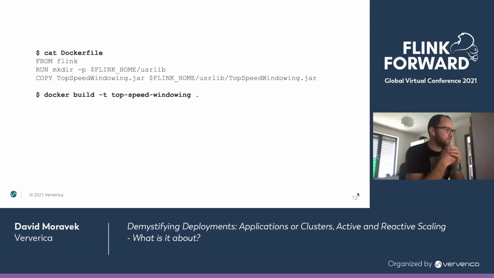Then basically we can do the same thing as we have shown before, but we can do that inside Docker. So right now we have perfect resource isolation, and it's very, very simple to use.